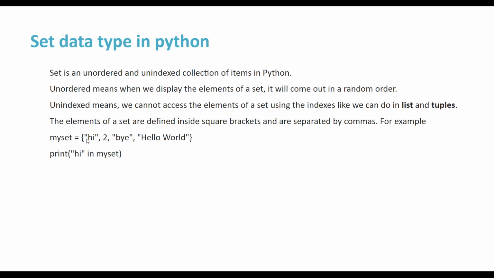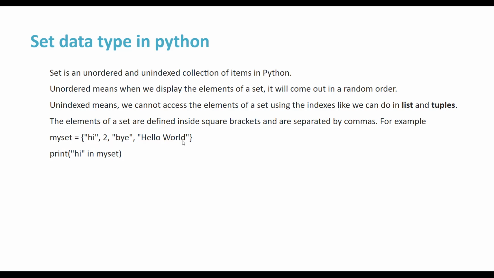But in lists and tuples, we index them making use of index 0 or 1. We used to access the elements making use of indexes. But when we are talking about sets, we cannot do that, because you cannot access the elements using indexing. And why do I say unordered? We cannot display the elements in the same order in which we have mentioned them for the variable.